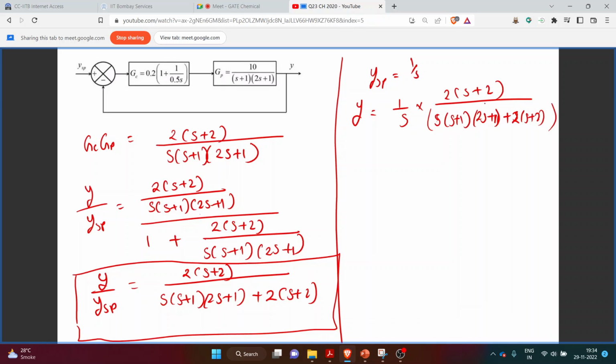Now the ultimate value, the steady state value, we can find as limit s tends to 0 of s times YS. So let's just replace this YS over here.